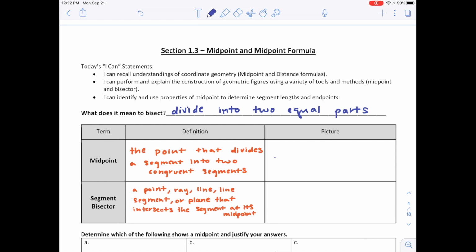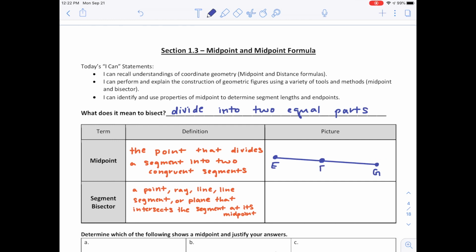So what that's going to look like as a picture is you're going to have a line segment. Line segments have endpoints, and typically we're going to name them. So say I had line segment EG. There is a point halfway between those two.